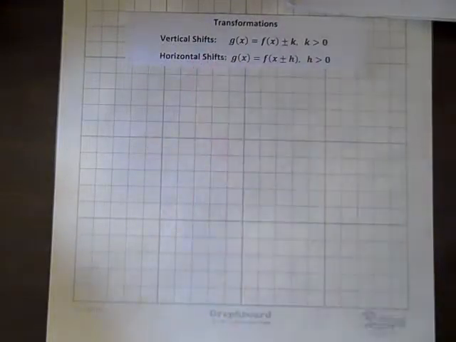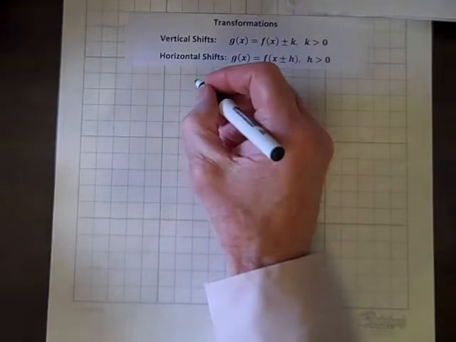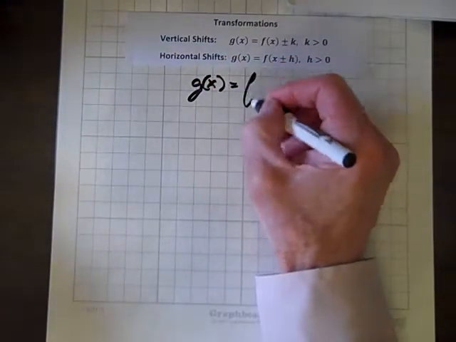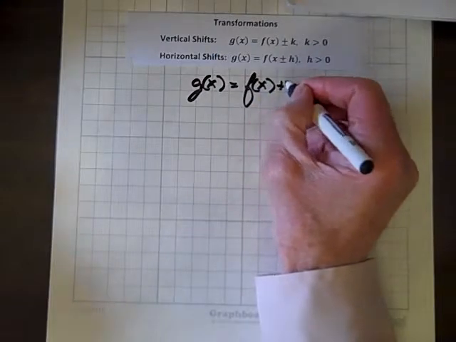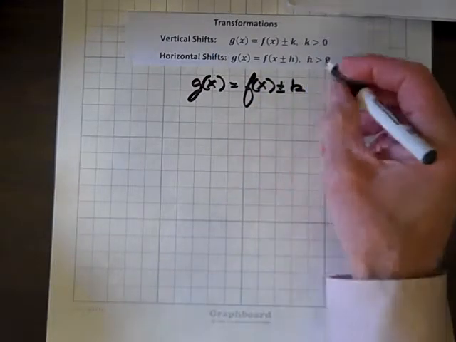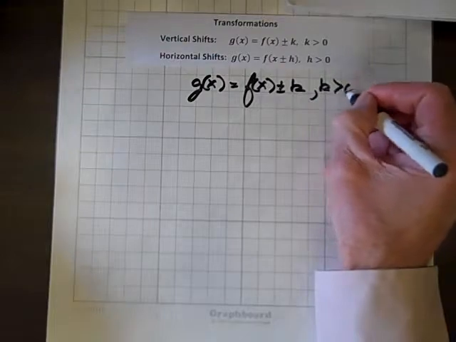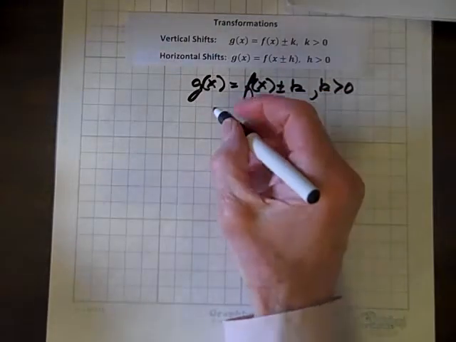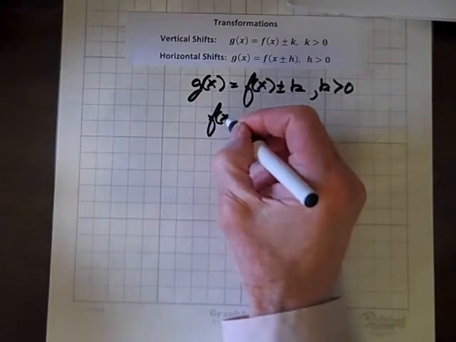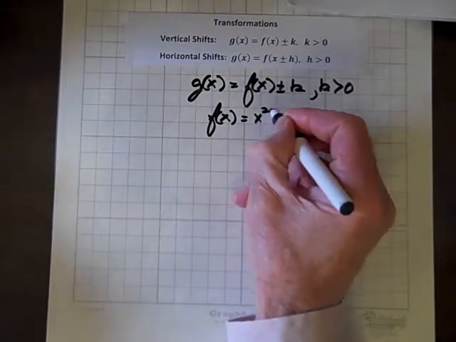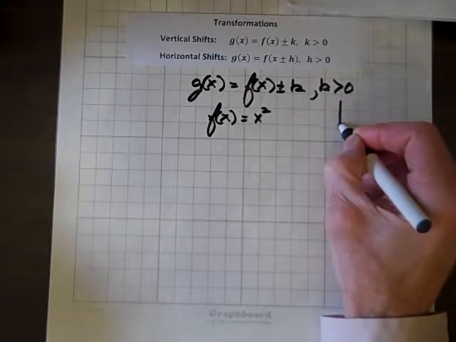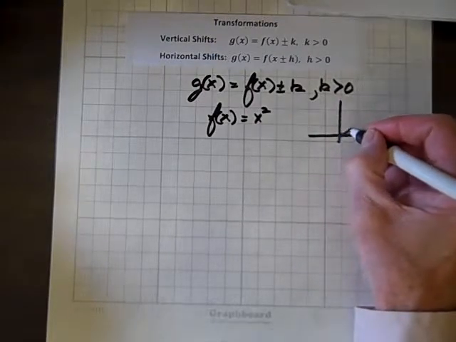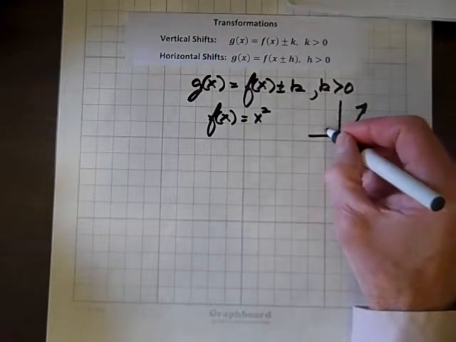So let's start off with vertical shifts, and they have the form g of x equals f of x plus or minus k, where k is greater than 0. So let's grab some fundamental functions such as f of x equals x squared. And we know the graph of this is a parabola whose vertex is at the origin.